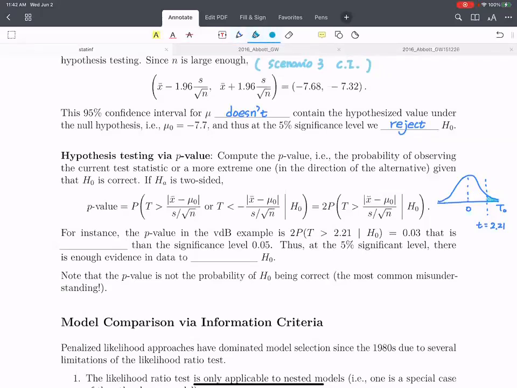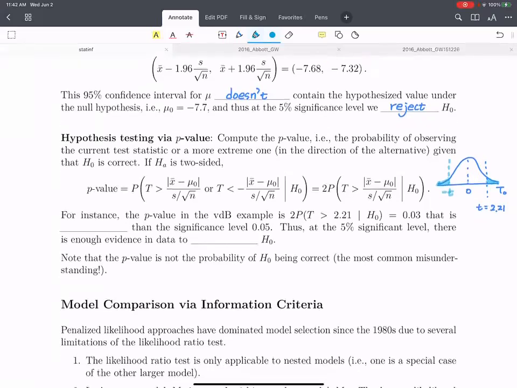the more extreme area, toward the direction of rejecting the null, and negative t, because this is two-sided. So that's why the p-value in this two-sided hypothesis testing can be simplified to 2 times the one-tail area, basically, because in this case the test statistic is symmetric around 0.